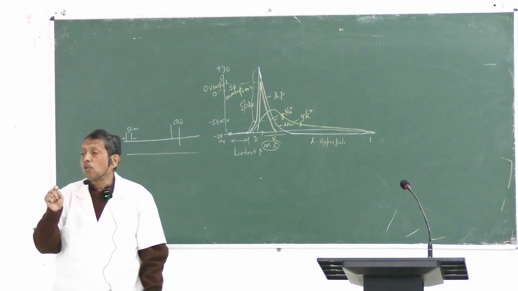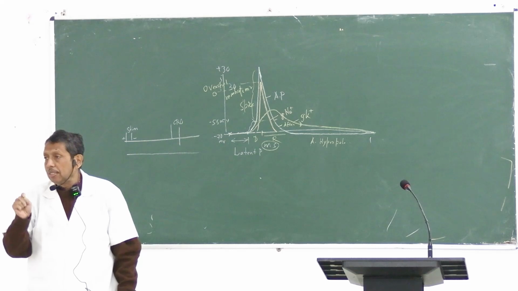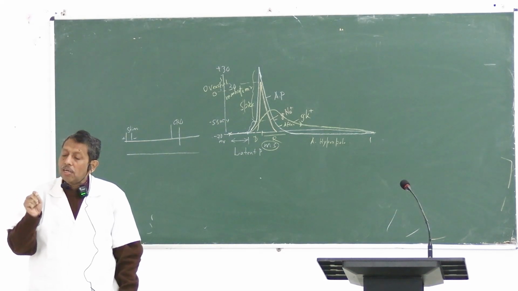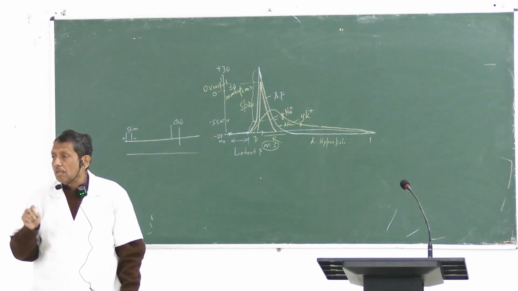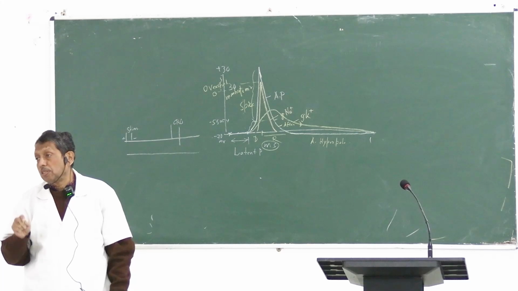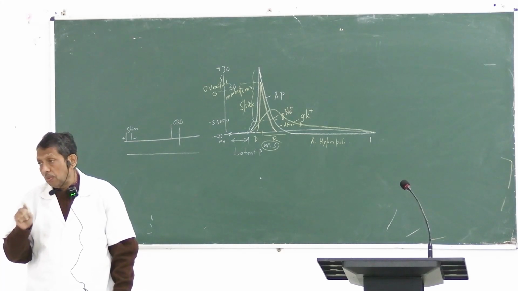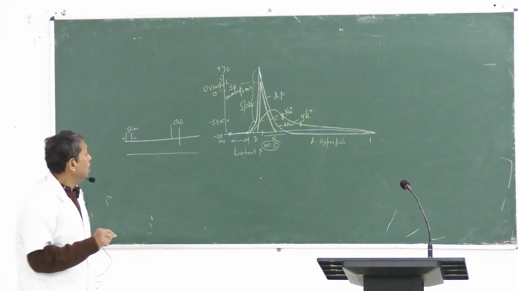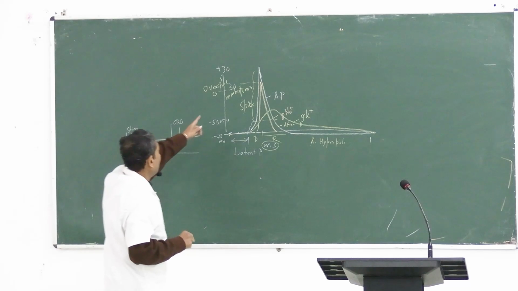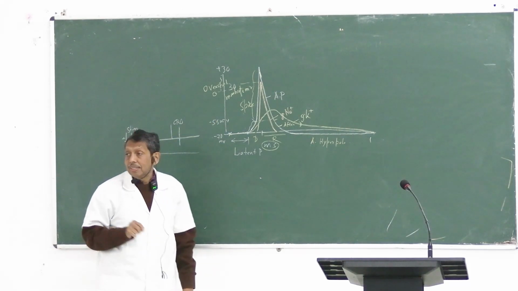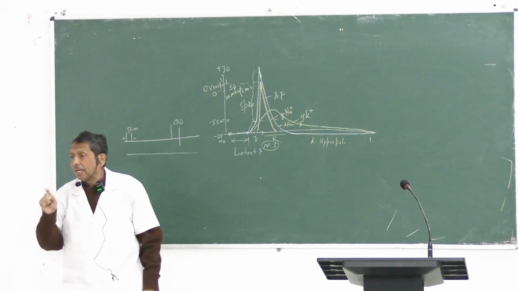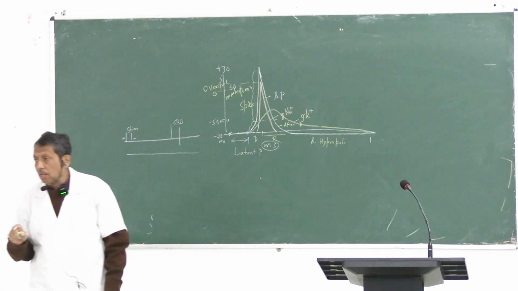The opening and closure of the sodium channel are both rapid processes. That is one thing. Second, whenever there is this overshoot, there is an electrical gradient in the opposite direction.